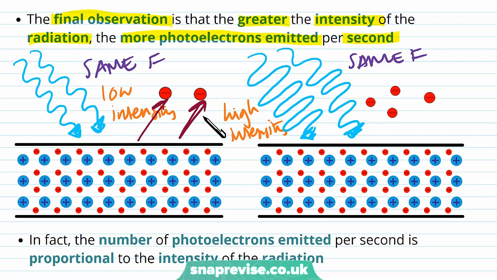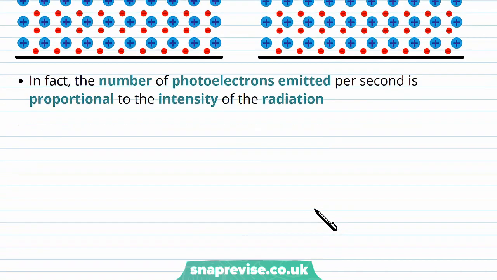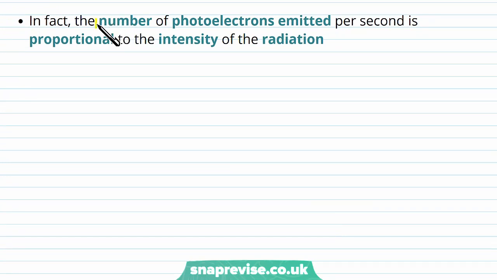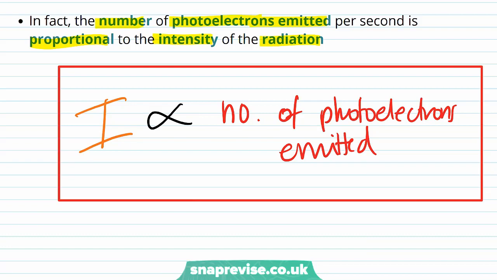Whereas here we can see we have the same frequency but a higher intensity, and more electrons were emitted. And in fact, the number of photoelectrons emitted per second is proportional to the intensity of the radiation. So the intensity I was proportional to the number of photoelectrons emitted. So that was our third and final observation.